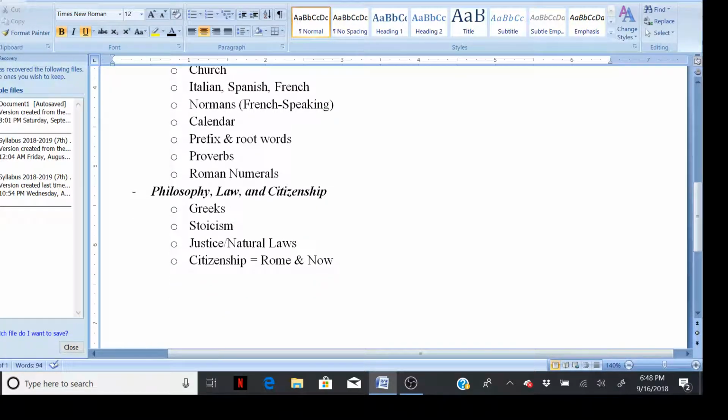Finally, we have philosophy, law, and citizenship, which are a system of law, justice, and even somewhat philosophy that comes from not only the Greeks but also the Romans.